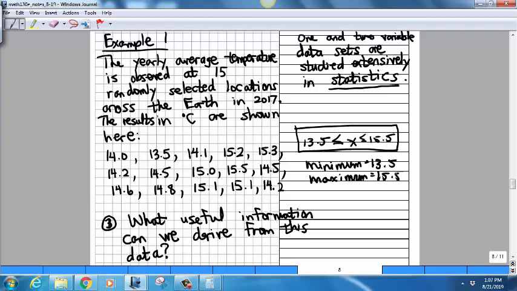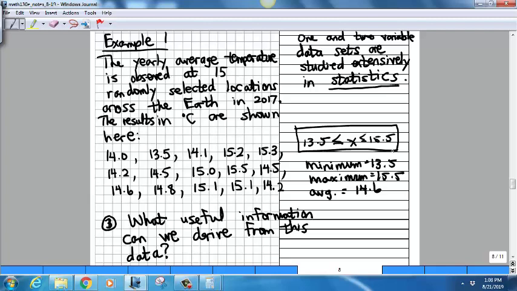Okay, what else? The average, okay? I was waiting for y'all to say that. There's a very common way of summarizing a set of data, which is by taking the average. So we can average up these 15 data values, and the average there turns out to be, I think, 14.6, okay?